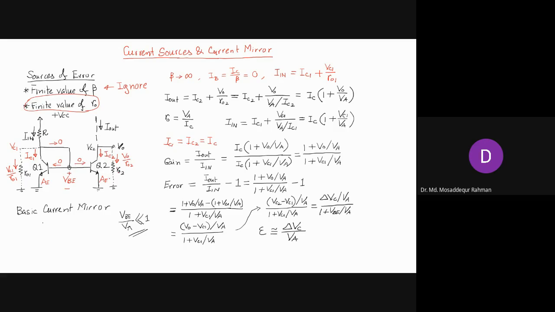And also the value of R naught: if R naught is low, then error will be large. So let's say our output voltage V naught is 10 volt and VA is 100 volt. How much will be the error then?